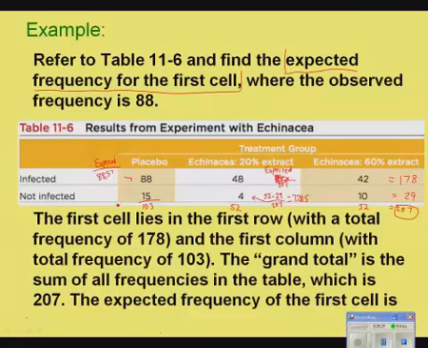Okay, let me go back to the 207. So that's what's called the grand total. It is 155. And then there's another 52 here, because there's 3 columns in this particular example.